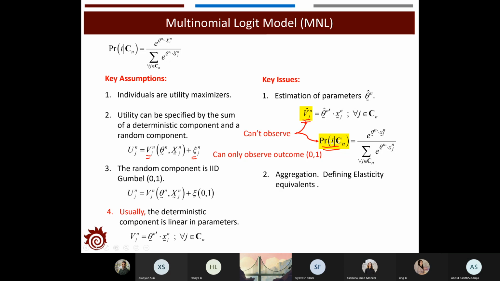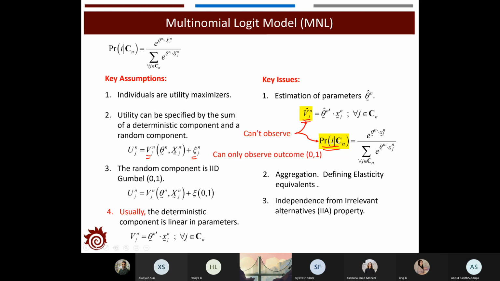There are also some other issues we have to explore for this model. The first thing is about aggregation. We want to identify the potential elasticity of this model. Of course, it's very complicated, but it's necessary for us to verify whether the model is reliable and how elastic the model is to certain variables.